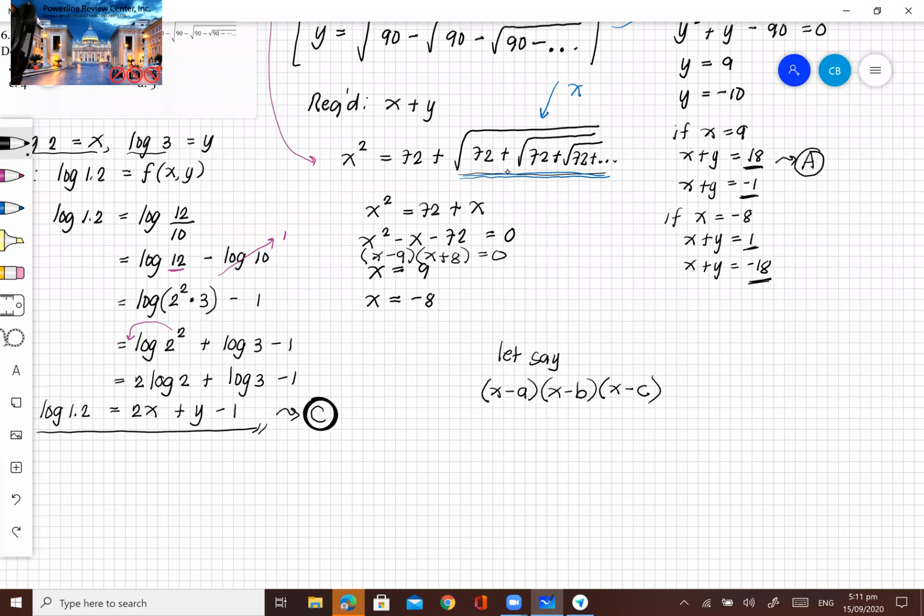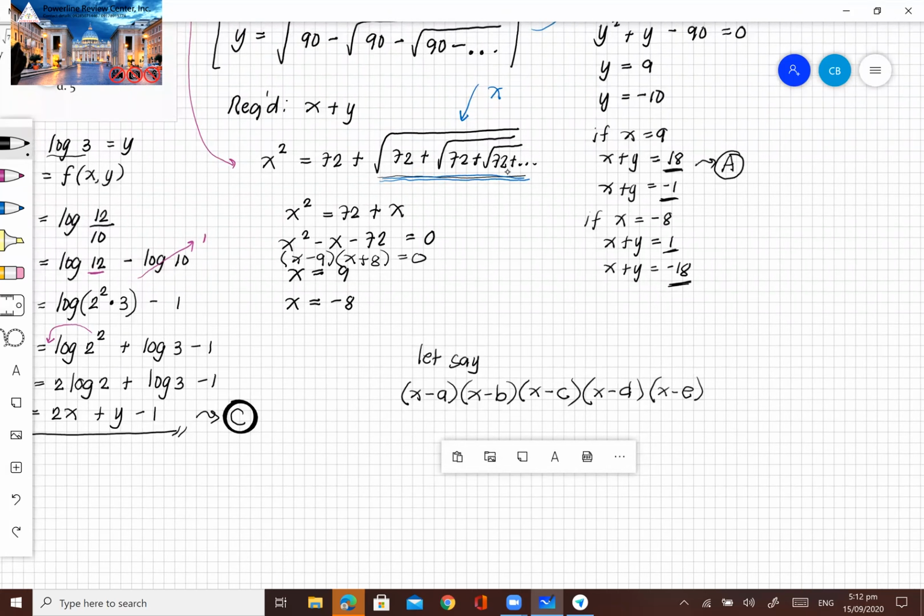That is only a trinomial. If I'm going to add another factor, x minus d, we could still solve it since that is just a quadrinomial. However, if I'm going to add another one, e, can we solve this one? Yes, we could still solve it, but it's a very long equation. That is already fifth order.